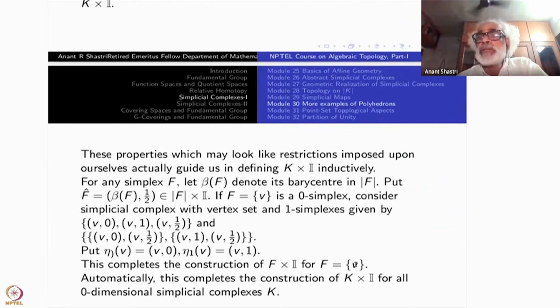It will be constructed for all zero-dimensional simplices, because a zero-dimensional simplex is nothing but a union of singletons. So the construction is over for all zero-dimensional simplices, because I am just taking the disjoint union over K. So the inductive step is over for n equal to 0.